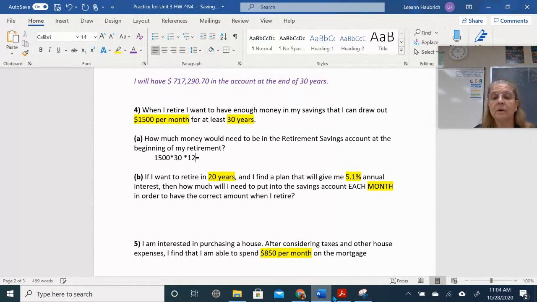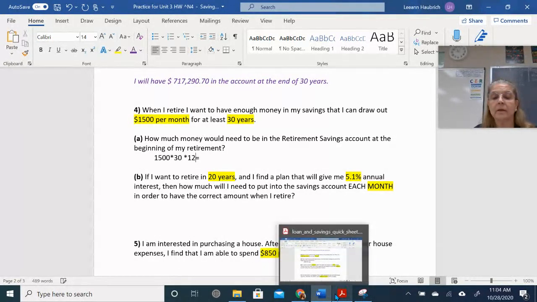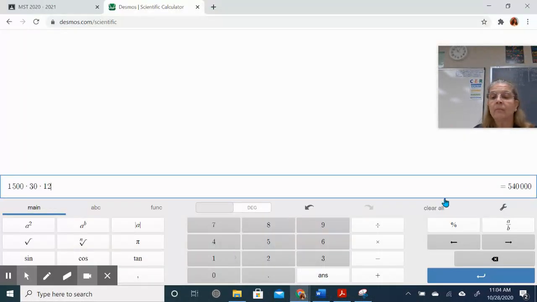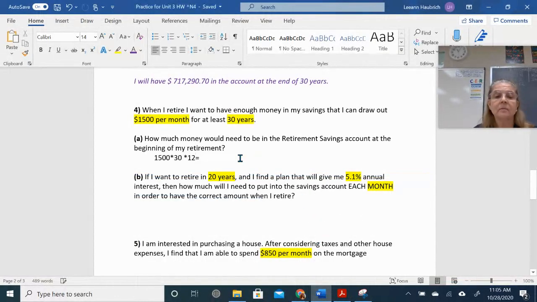Okay, so let's see what we get on the calculator. The calculator says it's going to be $540,000. Now, this is relatively easy. I could just go back and say, well, I need to have a minimum of $540,000.